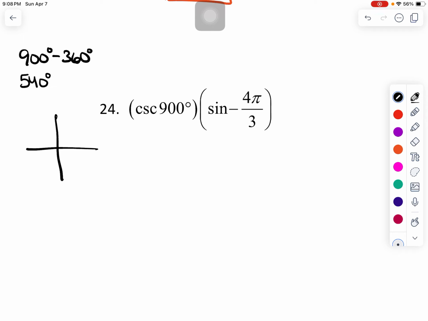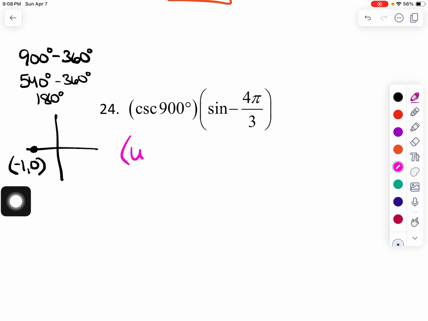If I subtract another 360, that's going to be 180 degrees, which right here, that point is negative 1, 0. Now, cosecant is the reciprocal to sine. Sine is 0. The reciprocal of 0 is one of my favorites, undefined.